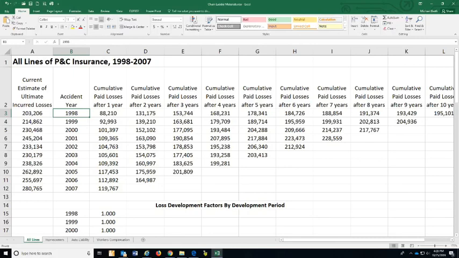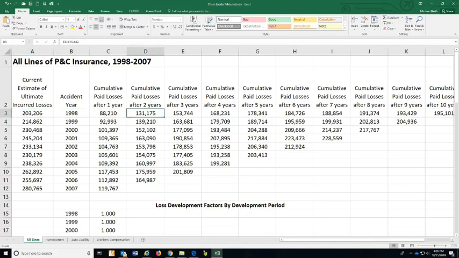These are cumulative paid losses. Okay, so 1998 is our first year here. After 1 year, that means as of the end of 1998, the industry had paid $88,210,000,000 on that. Their estimate was that eventually, when all these are added together, it'll cost about $203 billion.